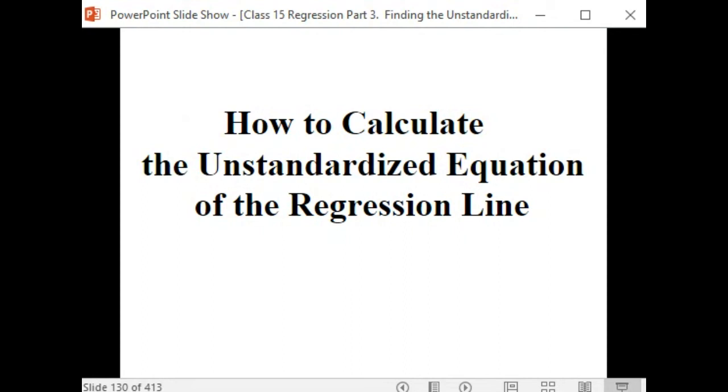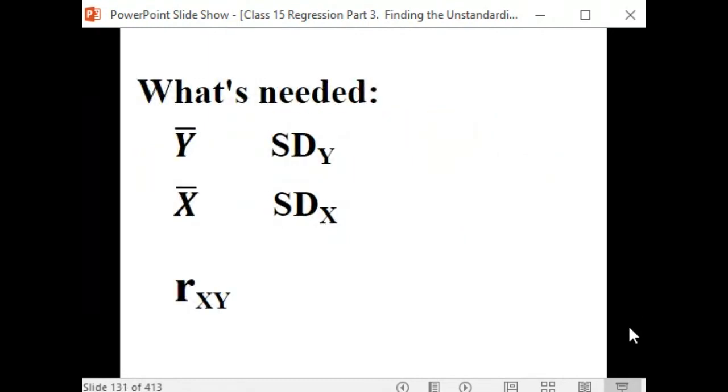But how do you figure out the unstandardized equation of a regression line? That's what we're going to cover today. To calculate the unstandardized regression equation, you need to know these 5 things: the mean and standard deviation of the criterion, y, the mean and standard deviation of the predictor, which is x, and the correlation of the criterion and the predictor.